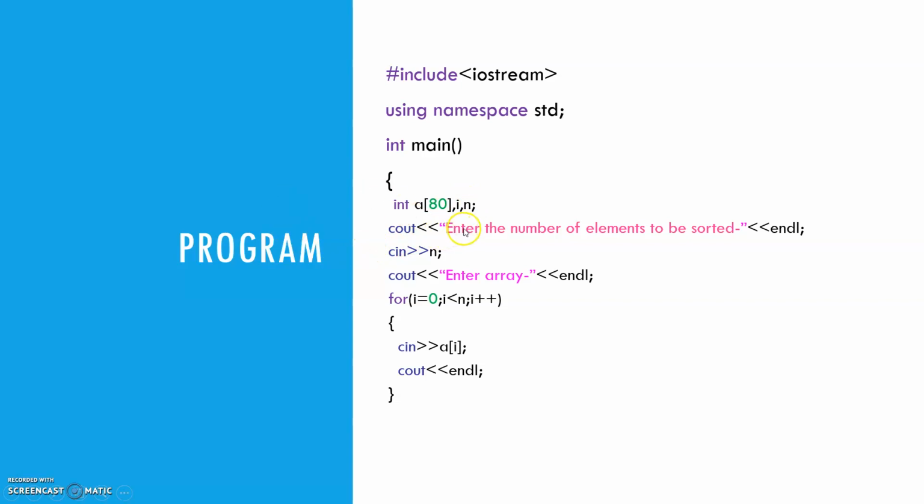Now we'll ask the user to enter the number of elements which are present in the array. Then we'll scan it. Then we'll ask the user to enter the array. We'll use a for loop to scan the array.